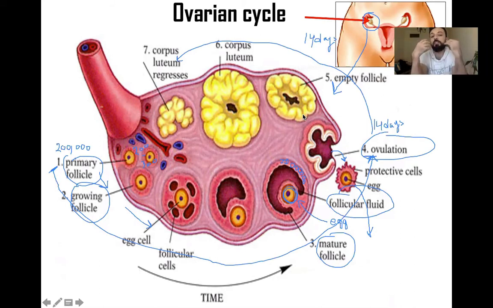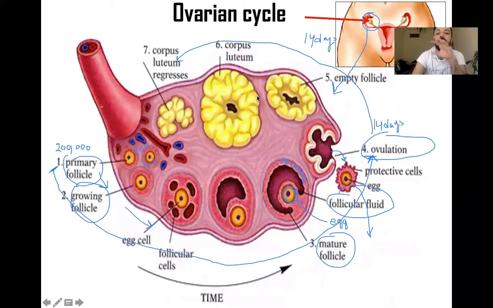So the first 14 days we call the follicular phase. The second 14 days we call the luteal phase. And the luteal phase is equal in time to the follicular phase.